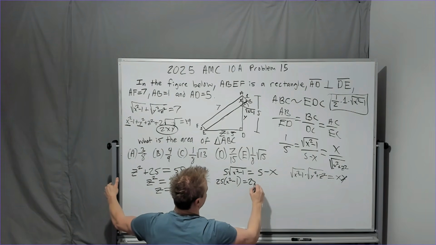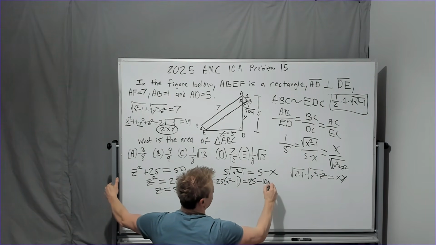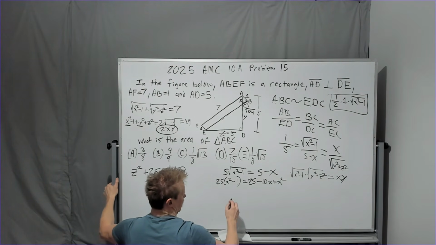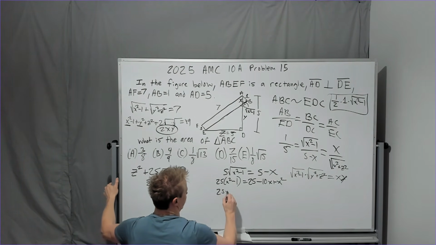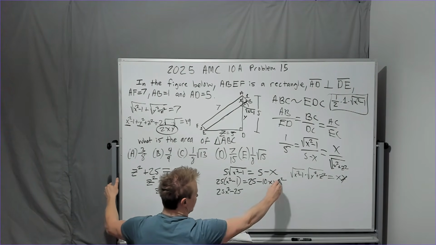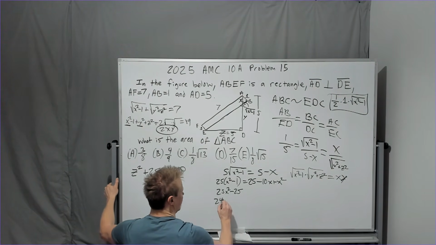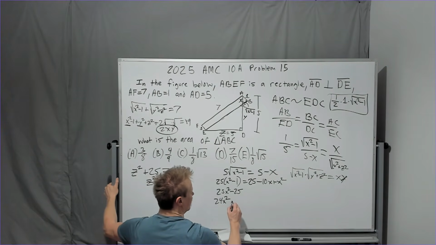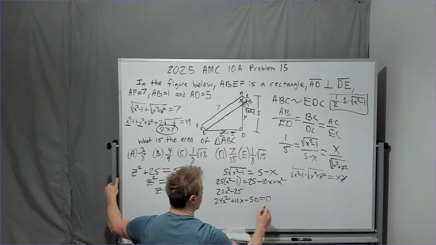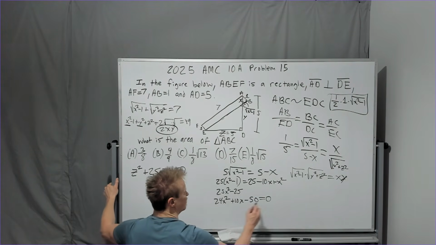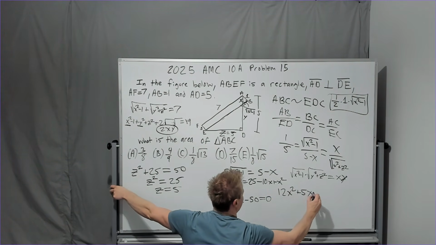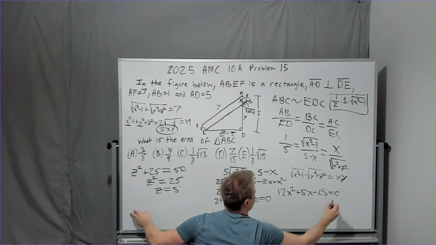It is equal to 25 minus 10x plus x squared. Let's keep going. 25x squared minus 25. Let's move everything to this side. You'll get 24x squared plus 10x minus 50 equals 0. Divide by 2. Running out of space. 12x squared plus 5x minus 25 is 0.